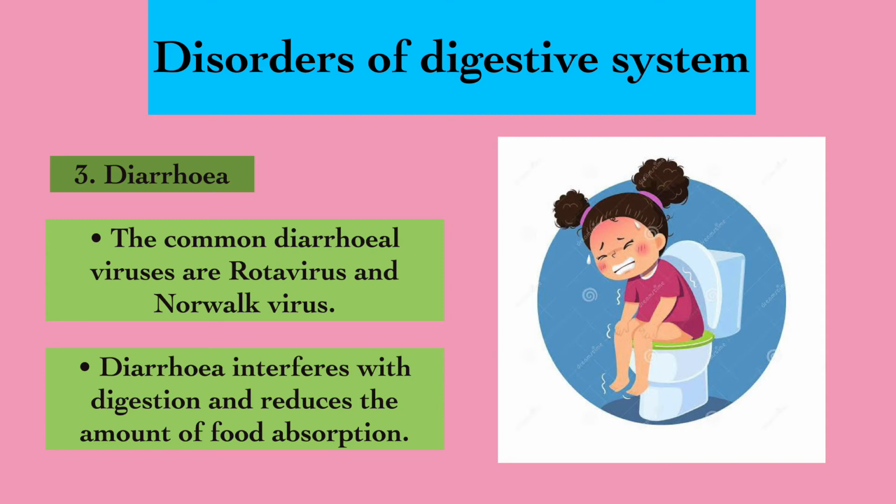Diarrhea interferes with digestion and reduces the amount of food absorption. Now, what is the concept behind diarrhea? Diarrhea will interfere with the functioning of the digestive system and will reduce the absorption of food, nutrients and vitamins, ultimately causing extreme dehydration in the body.